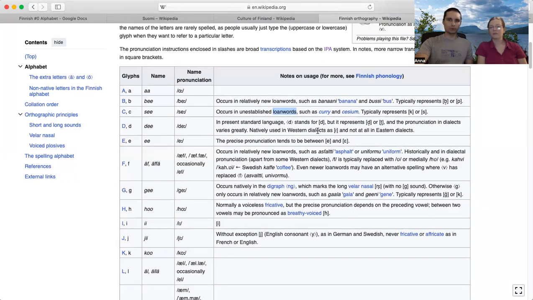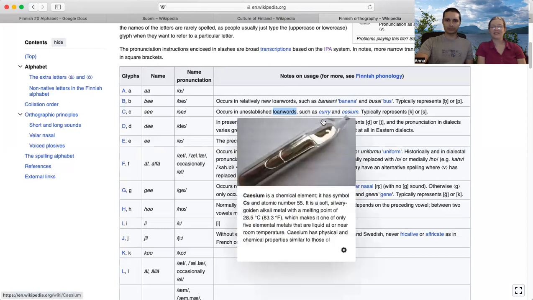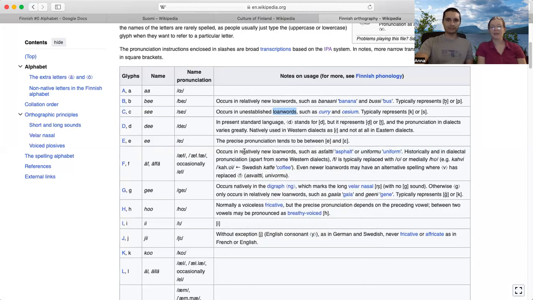So Finnish people would pronounce kurry or kurri, and cesium, so it can be K or S. Basically, this letter you can pronounce according to the pronunciation rules of the language from which the word has come to Finnish. If it's curry, then it represents the K sound.